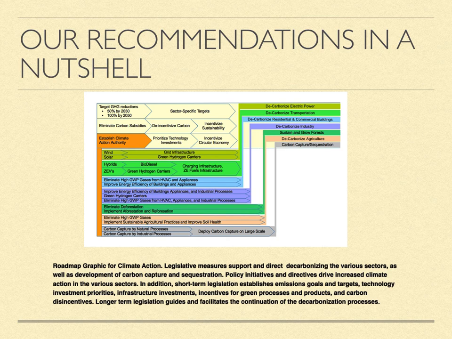We need to implement sustainable agricultural practices and improve soil health. And then we need to deploy carbon capture on large scale. So we need to think about natural processes and industrial processes that can be scaled up to achieve this capability, and then implement it and use that capability to offset emissions from processes that are still difficult to make net zero.